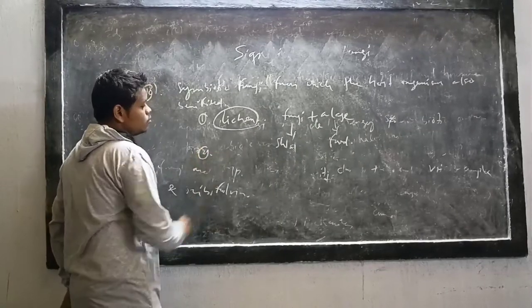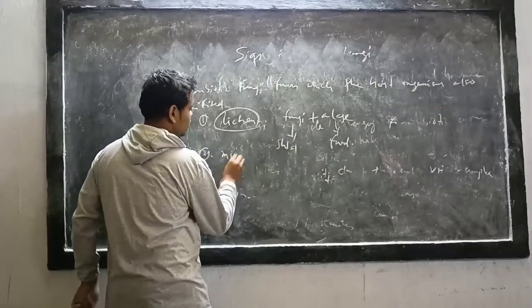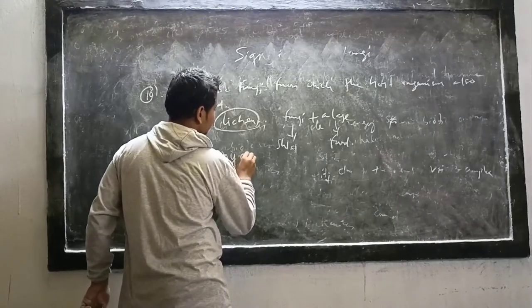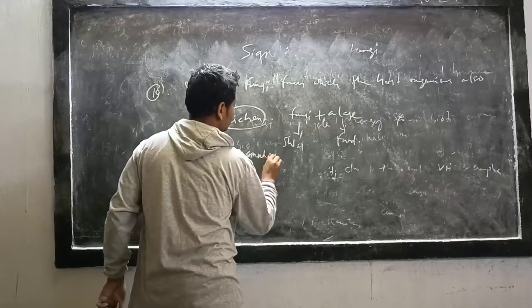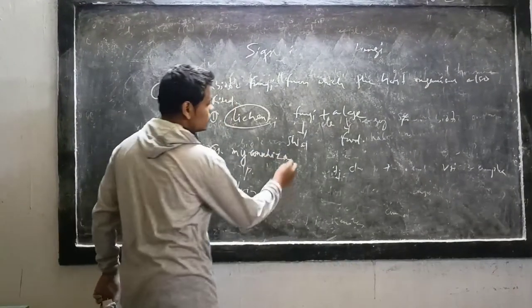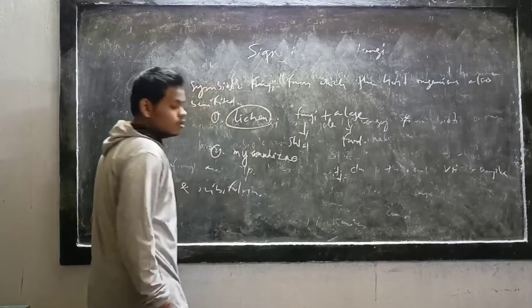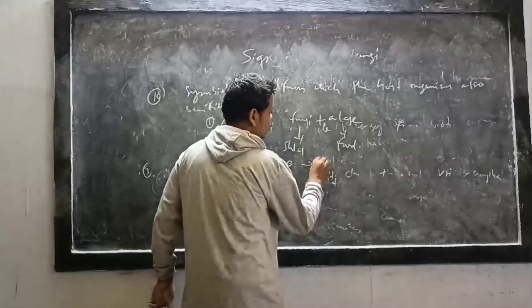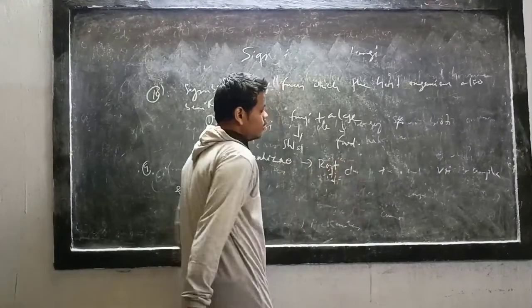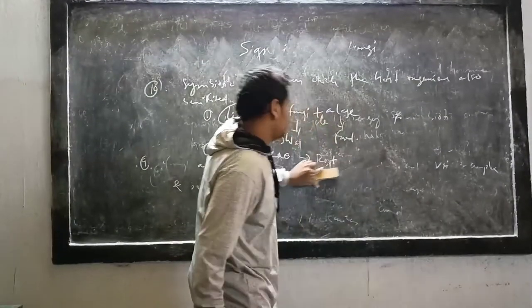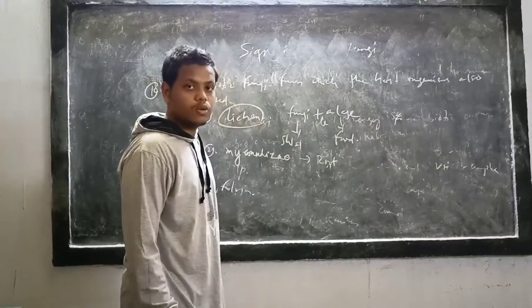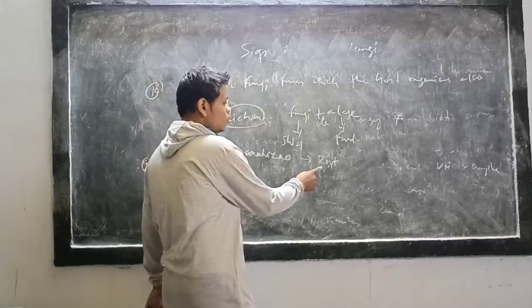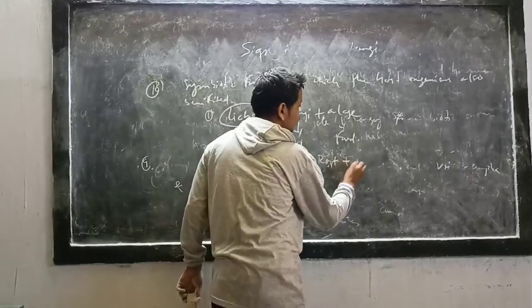Another example is mycorrhizae. Mycorrhiza is singular; if we add e, then it becomes plural. Mycorrhiza is the association between the roots of many plants, gymnosperms and angiosperms, and fungi.